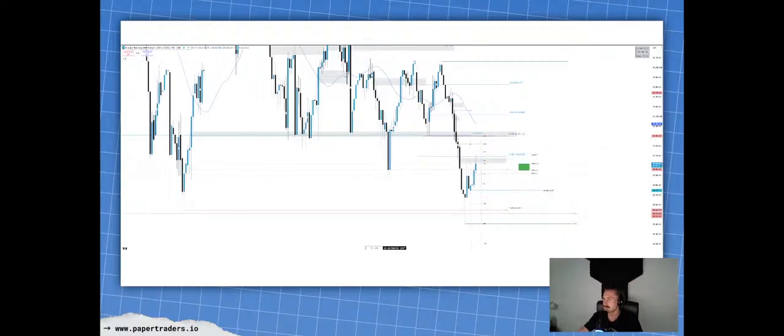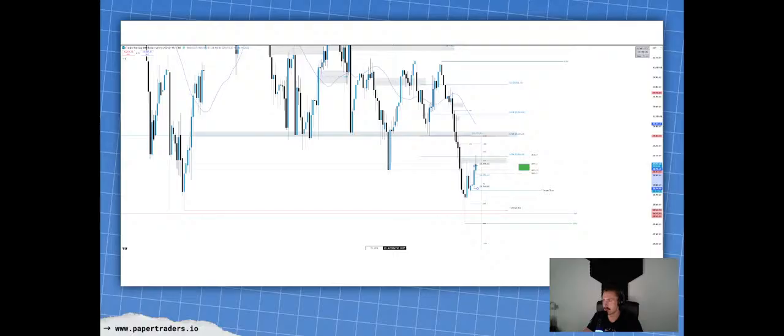So right now we're sweeping that previous 4-hour high, and we have this previous 4-hour candle. As long as price gets through this 28,882.25, previous candle at 28,225, okay, there we go.